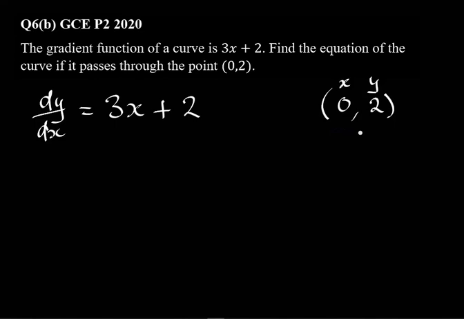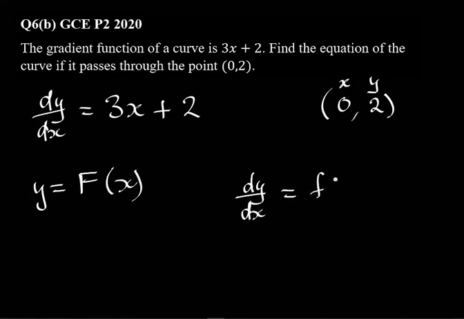Now, remember, earlier in this video, it's quite a long one, but I hope you found time to watch most of it, because if you watch this one, I'm guaranteeing you calculus will be very easy. We said if y is equal to f of x, then dy/dx is equal to f'(x).